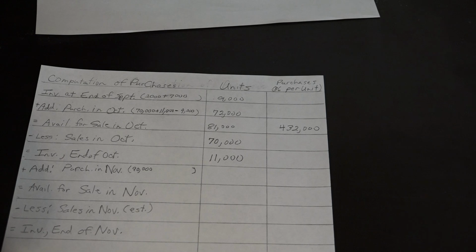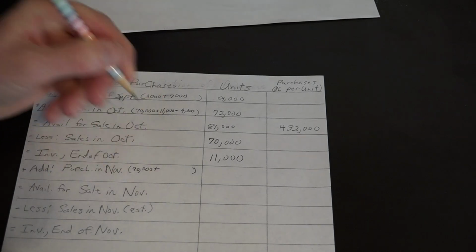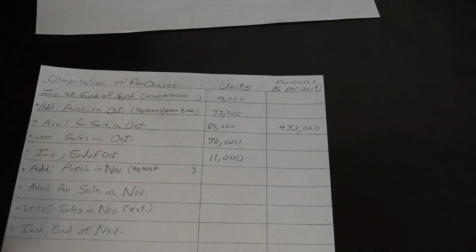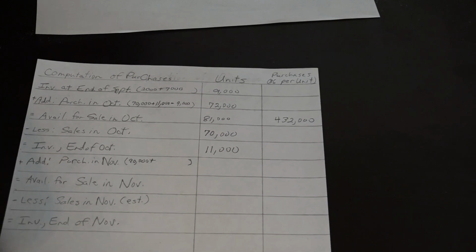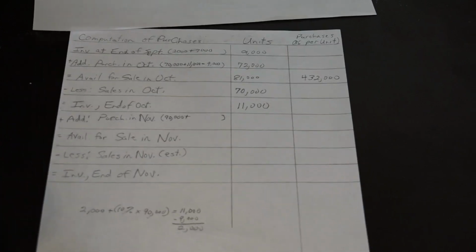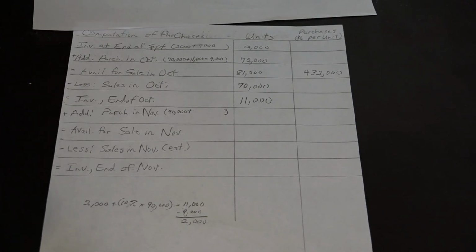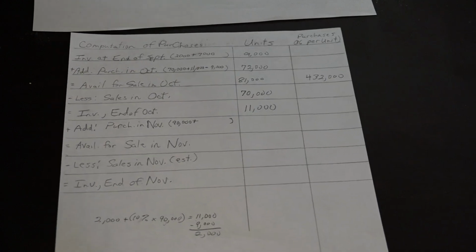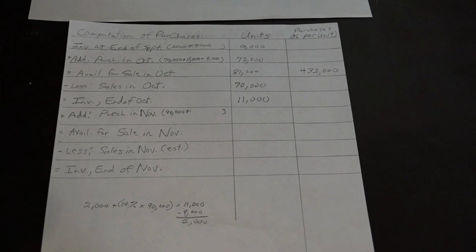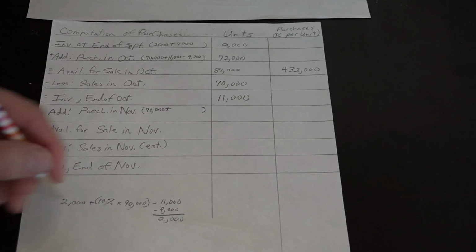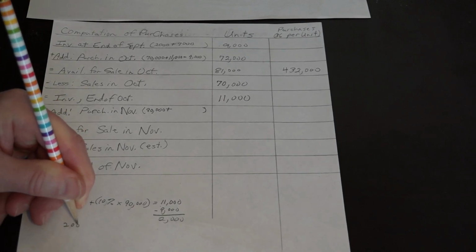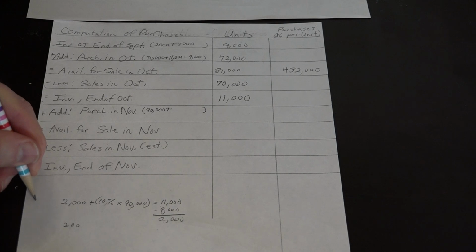And then as far as the number you're going to add, I'll do it down here. 2,000 units. So this is what I did for October.